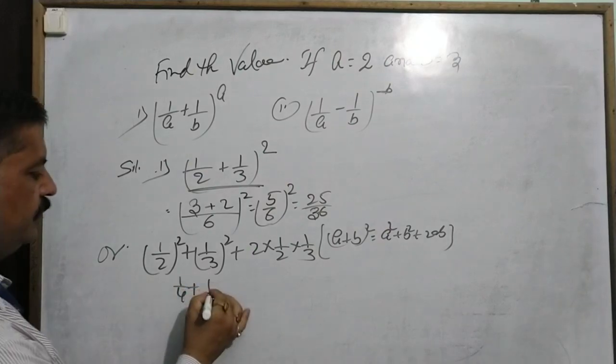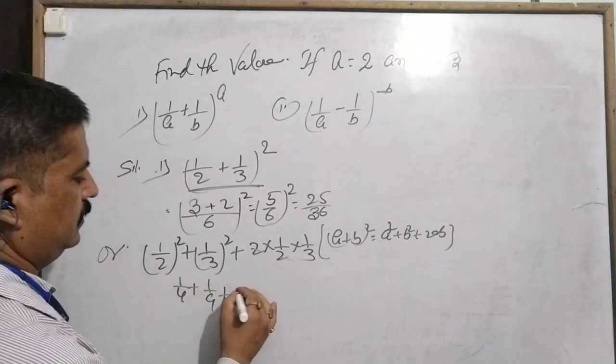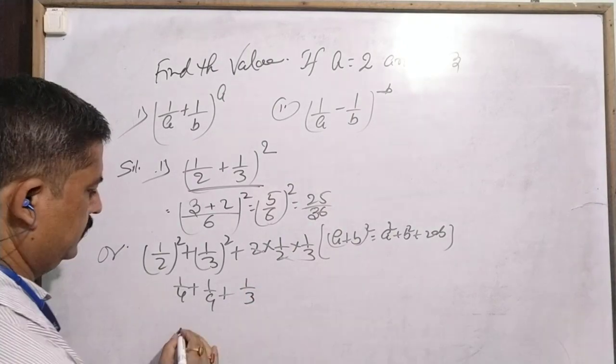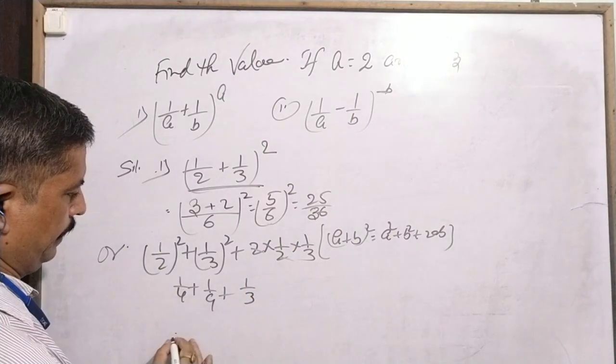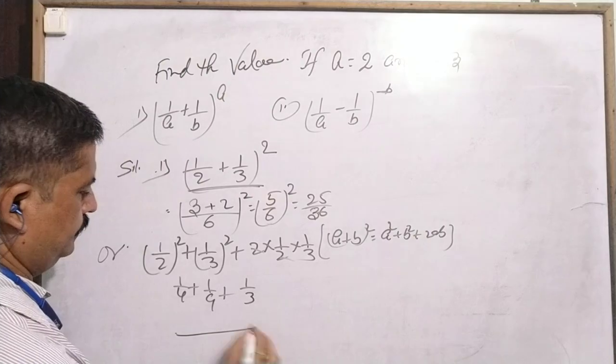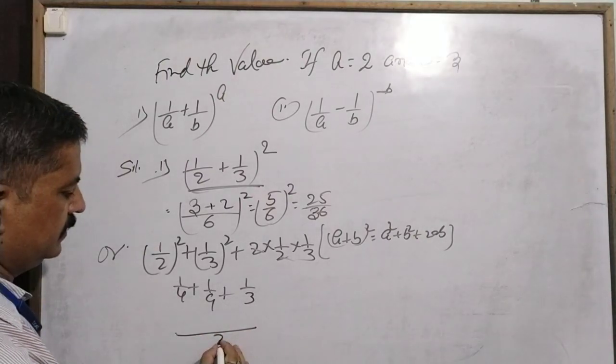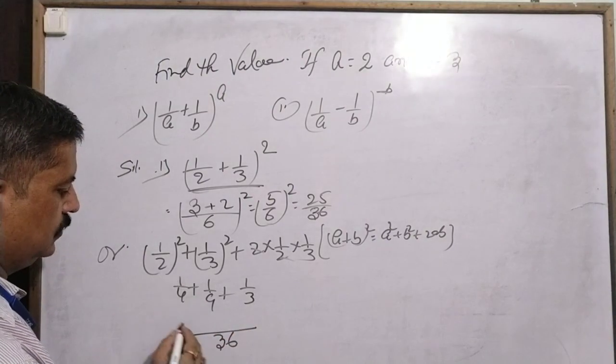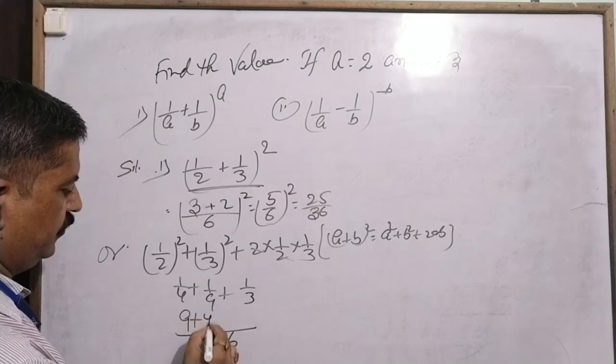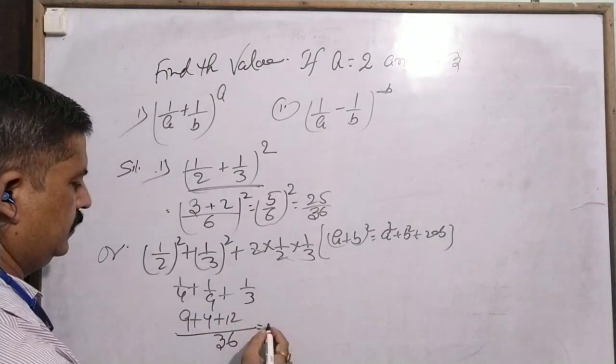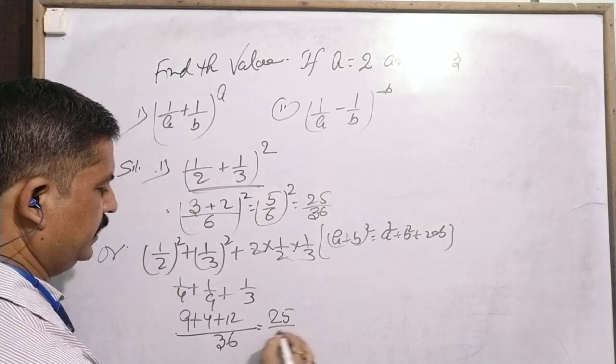So 1 by 4 plus 1 by 9 plus 1 by 3. The LCM will be 36. So 9, 4, 12, which gives 25 by 36.